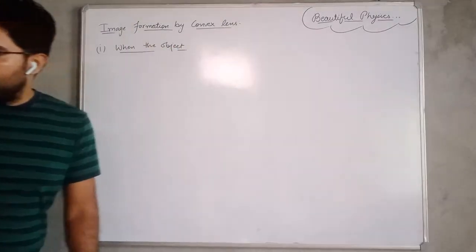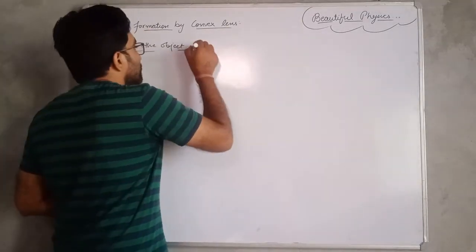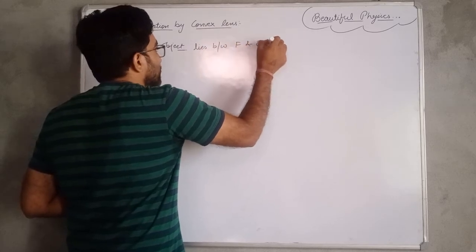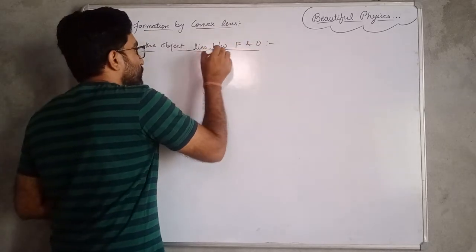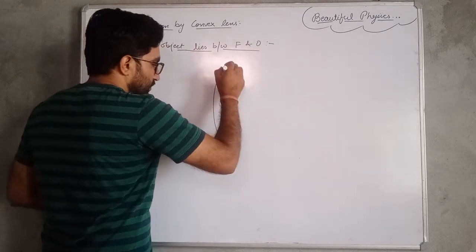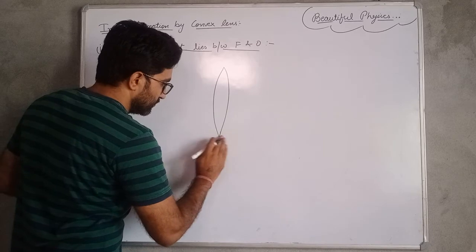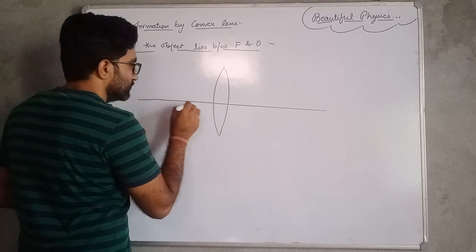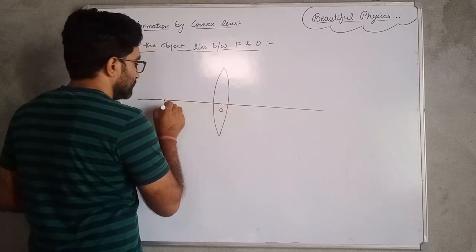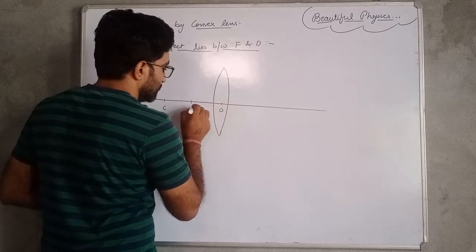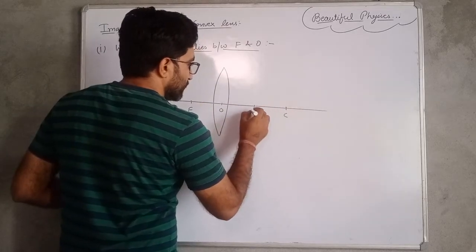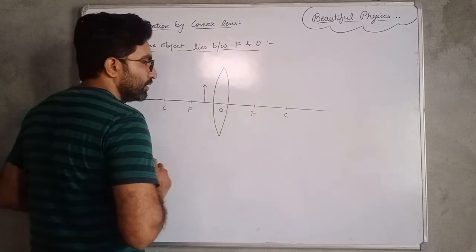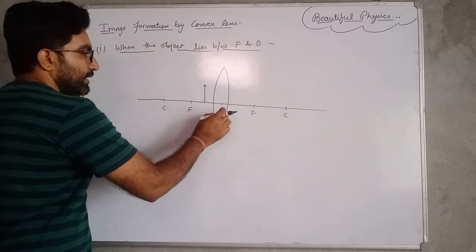When the object lies between focus and optical center O. Again, now our object is between center of curvature and the optical center. Sorry, the focus and the optical center.